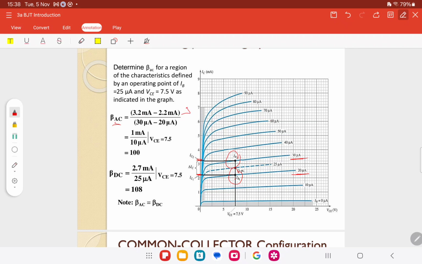So the changes, the delta, because in AC, beta AC.